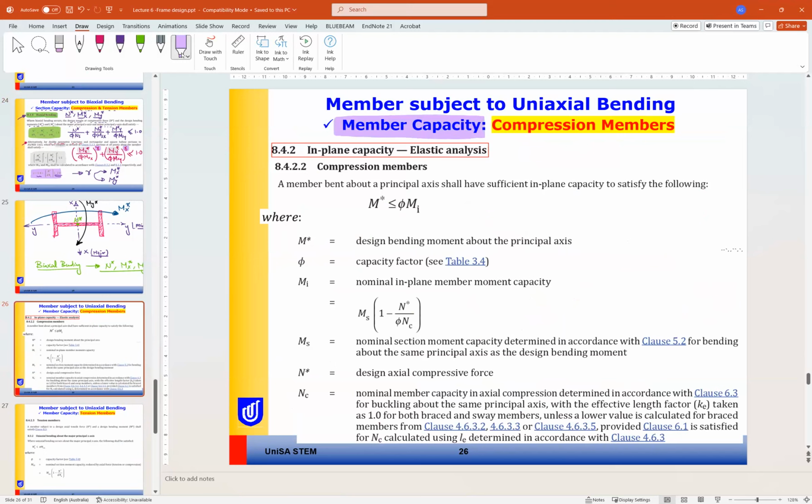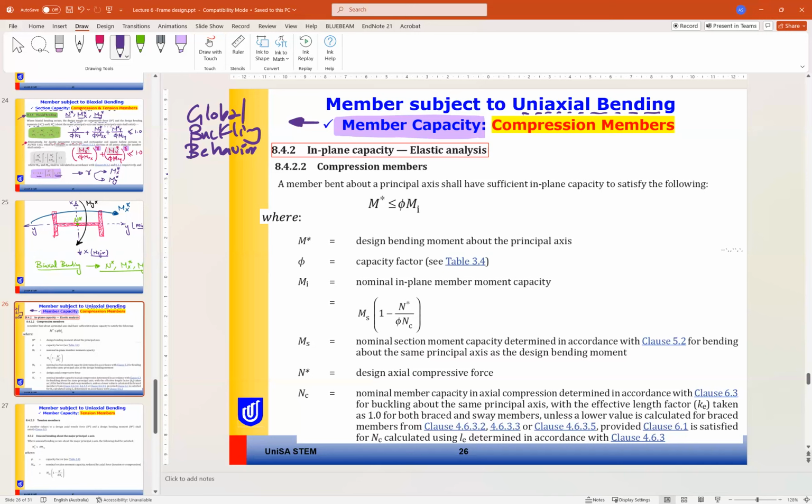For member capacity, we consider here the global buckling behavior. And again, we have cases of uniaxial and biaxial. But what is your understanding about the global or member capacity?